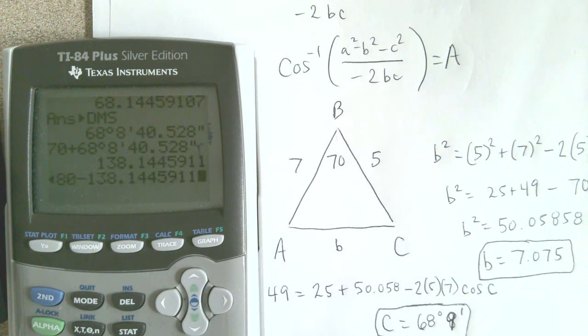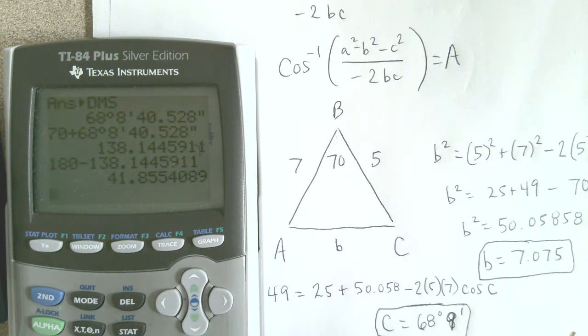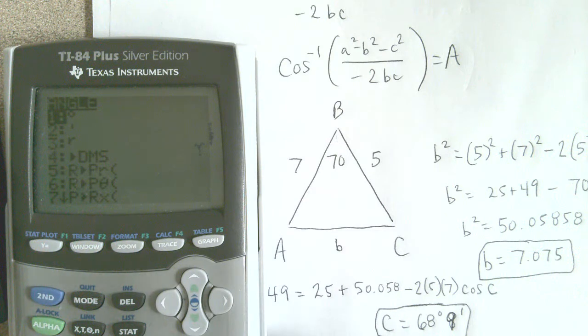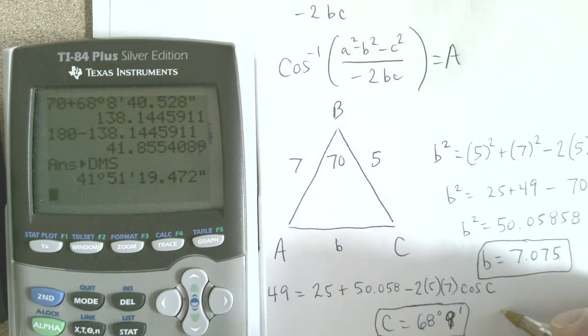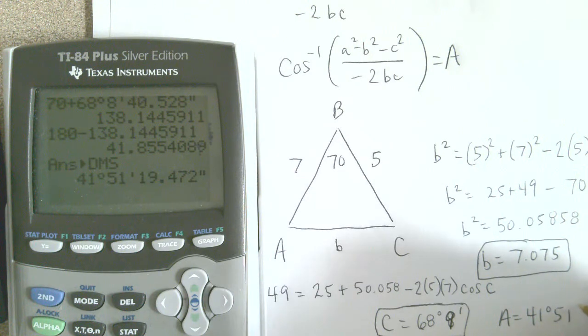It gives me 41.85, and then I convert to degrees, minutes, and seconds. So 41 degrees, 51 minutes. So angle A is 41 degrees, 51 minutes.